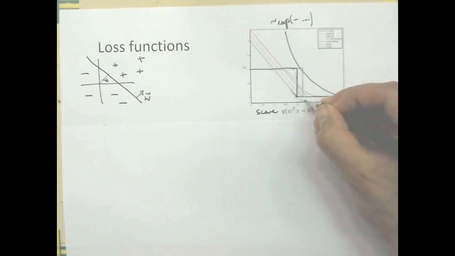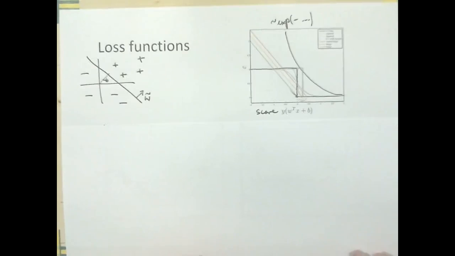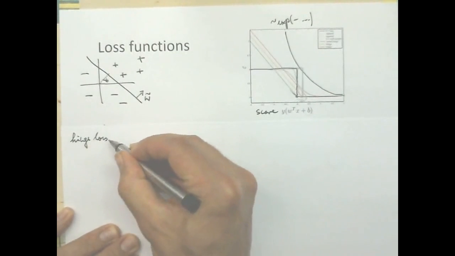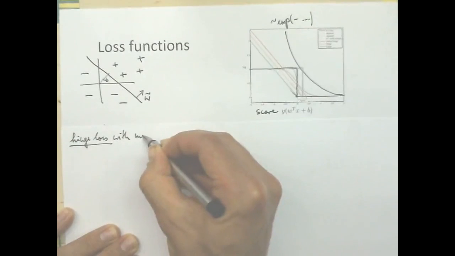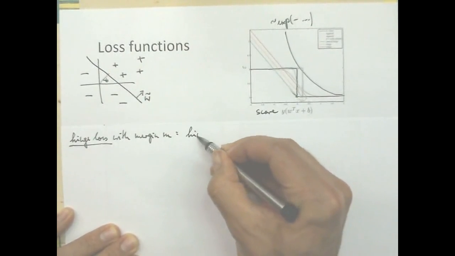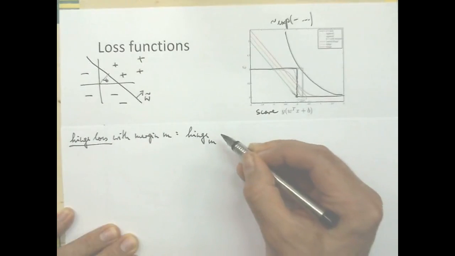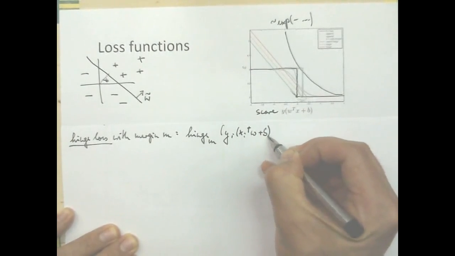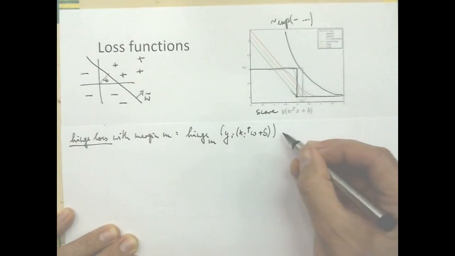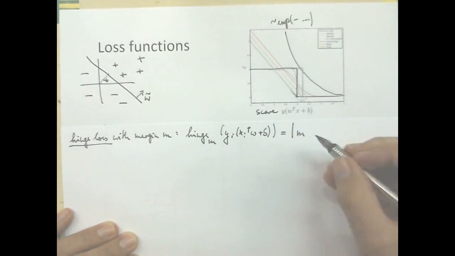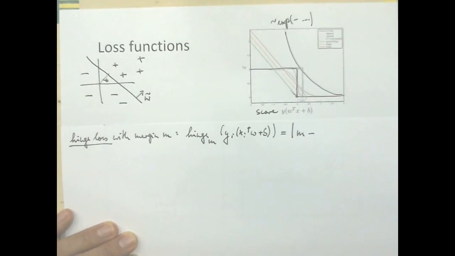So this would be the margin M. So we have a hinge loss with some margin M. And you can now see why I put a subscript 0 before, because if you now insert an M instead of the 0, we get this new formula here.